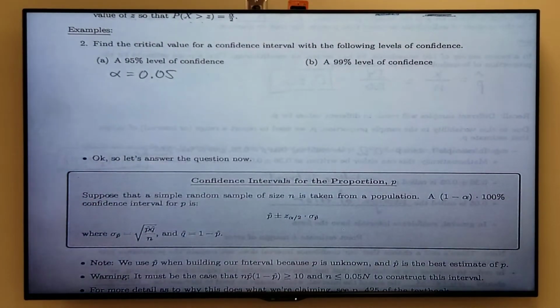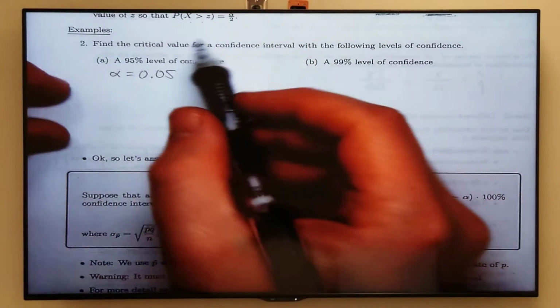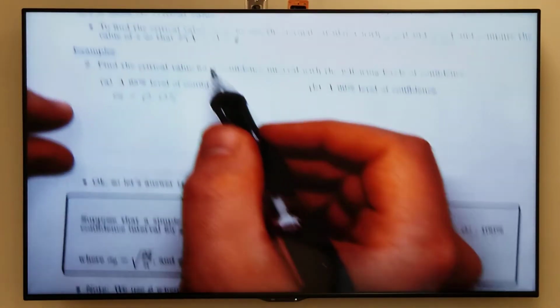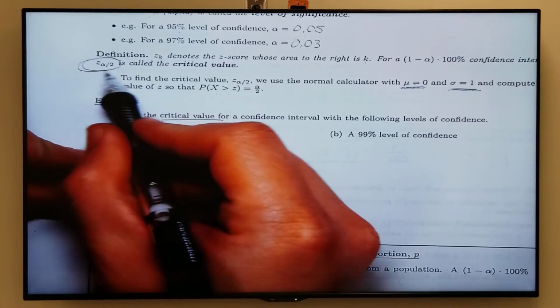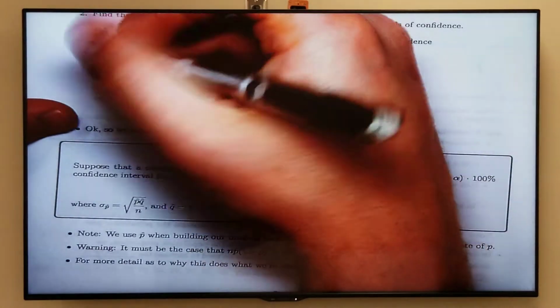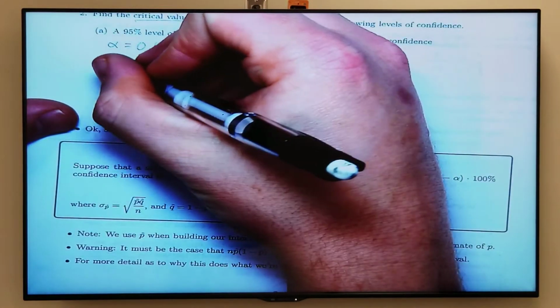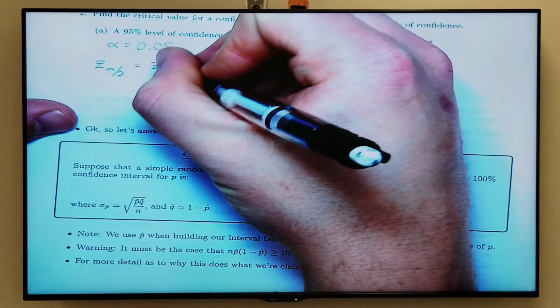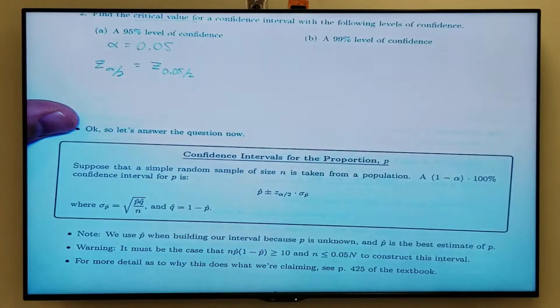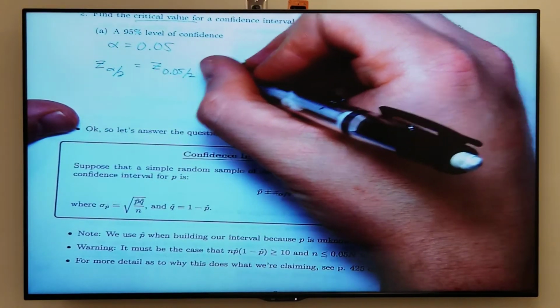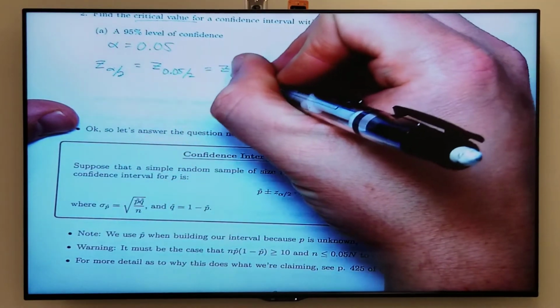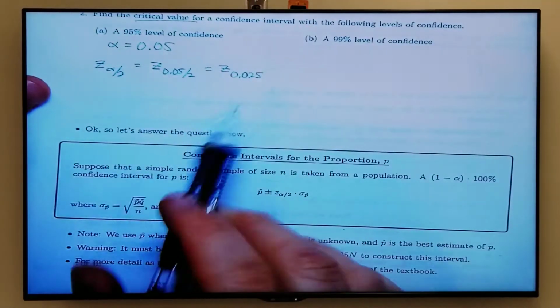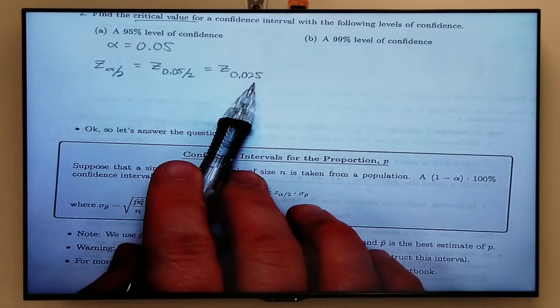Okay, so that's alpha. Our critical value is z sub alpha over 2. That would be z sub 0.05 divided by 2. 0.05 divided by 2 is 0.025. So we're looking for z sub 0.025.